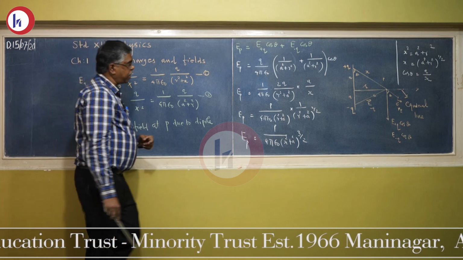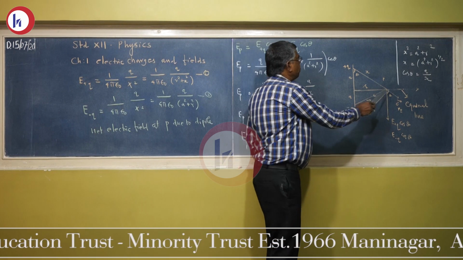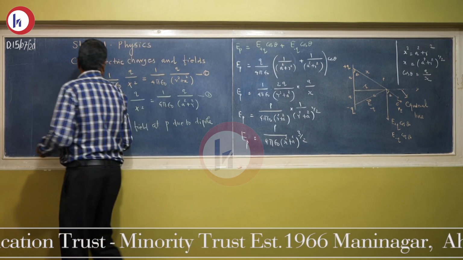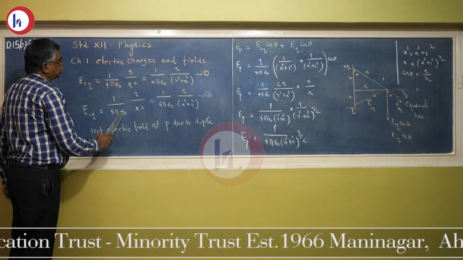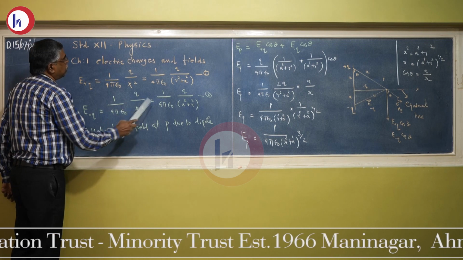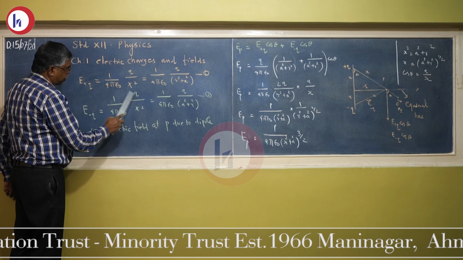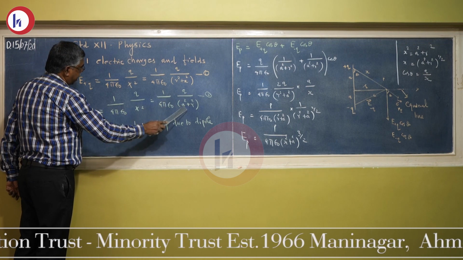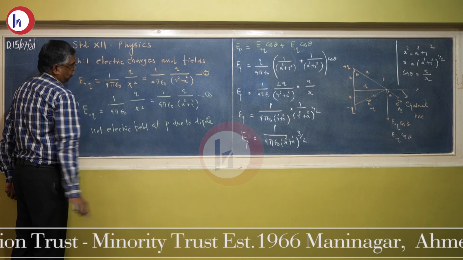Next, find the electric field at the point P due to the negative charge, which is given by 1 upon 4 pi epsilon 0 times q upon x square. This can also be written as 1 upon 4 pi epsilon 0 times q upon (a square plus r square), equation number 2.